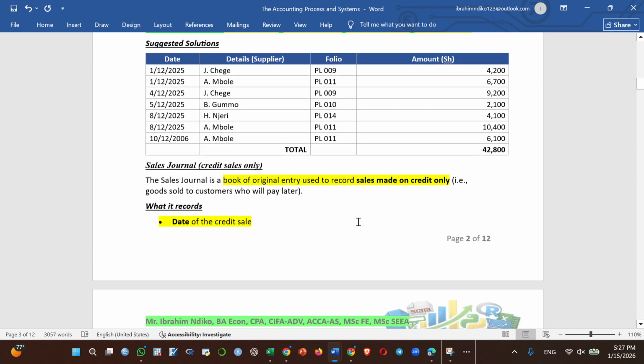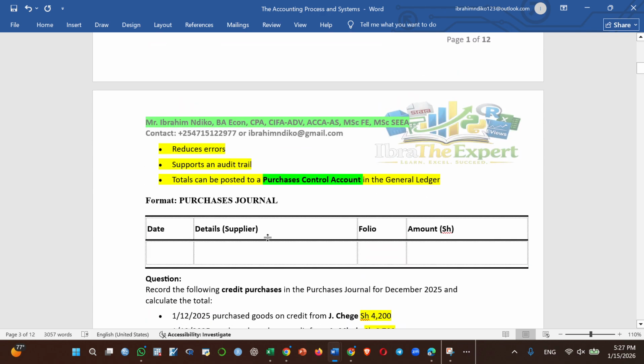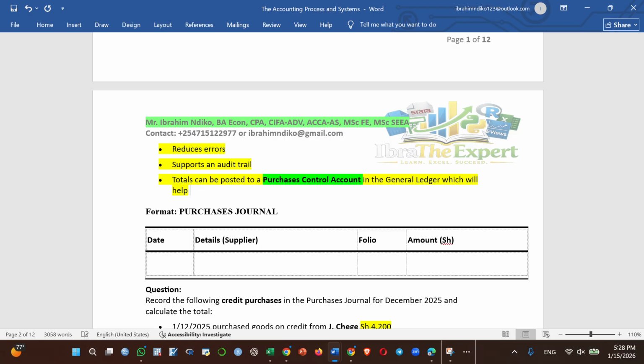Remember we said the total can be posted to the purchase control account, the general ledger. Let me just write so that you know. But we shall do it in another topic, which will help us determine total purchases made on credit.